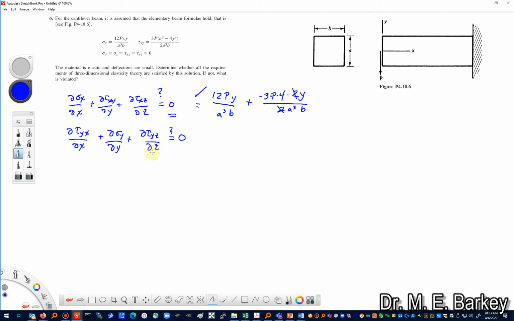So the partial derivative of tau xy with respect to x is equal to 0. And then, we don't get any other contributions from these other terms. So that one is satisfied. And then we have the last one, the partial of tau zx with respect to x plus the partial derivative of tau zy with respect to y.